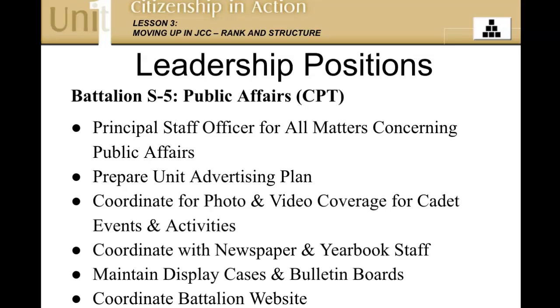If they need to coordinate with the newspaper, like the school newspaper, or the yearbook staff, they're the ones that do that coordination. Any display cases or bulletin boards they maintain. And then, as you see here, battalion website, if the battalion has a website. This position is also in middle school and does the same activities.